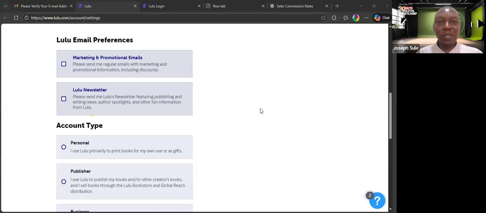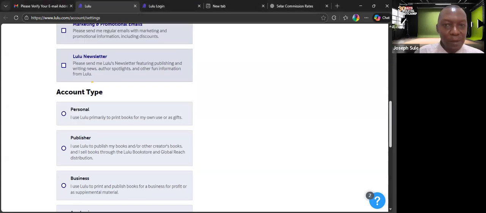And the moment you hit create a profile, open an account, depending on the site, the terminology changes, you get a form. For Lulu, the form will ask you to input your first name and your surname, your email, and then it will ask you to put your other information.